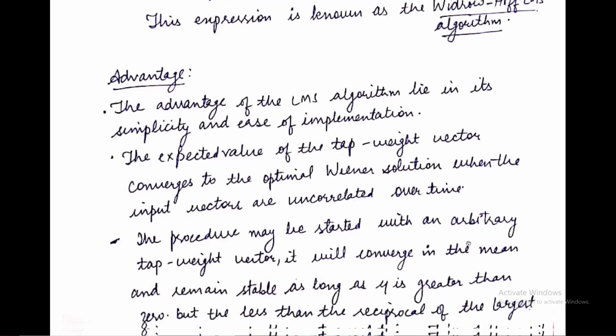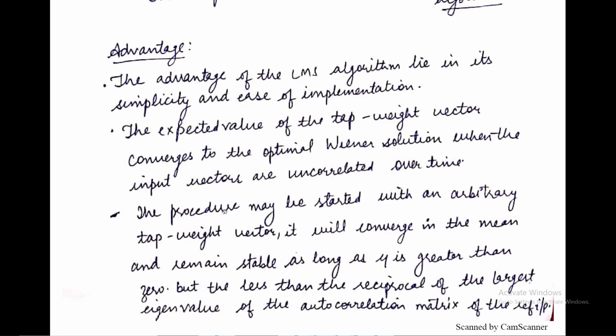And another advantage is the procedure may be started with an arbitrary tap weight vector and it will converge in the mean and remain stable as long as mu is greater than 0 but less than the reciprocal of the largest eigenvalue of the autocorrelation matrix of the reference input. So this is one condition.